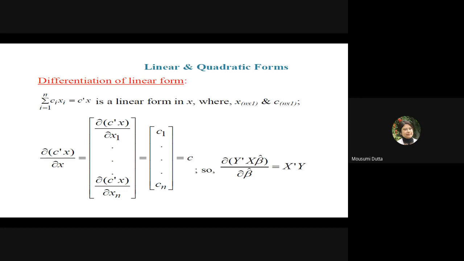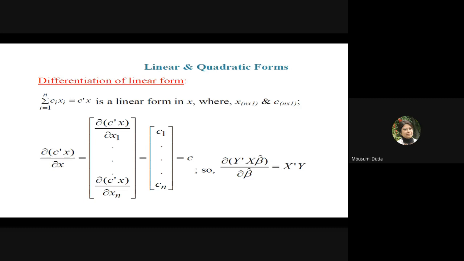In terms of matrix algebra, it is C transpose X. To have Ci xi, we need C transpose X, where C is of order n by 1 and X is of order n by 1. So C transpose is of order 1 by n. A row vector will be multiplied with a column vector.